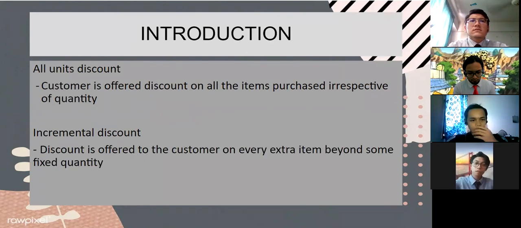All units discount is where the customer is offered a discount on all the items purchased, no matter the quantity of the items. And incremental discount is offered to customers on every extra item beyond a certain quantity. The more you buy, there'll be better discounts.